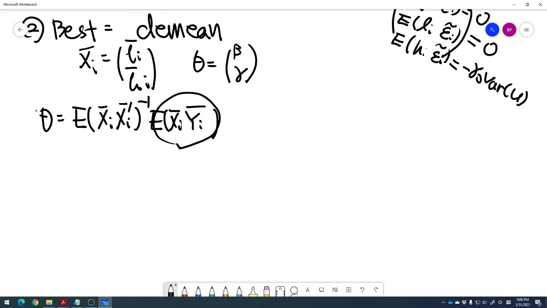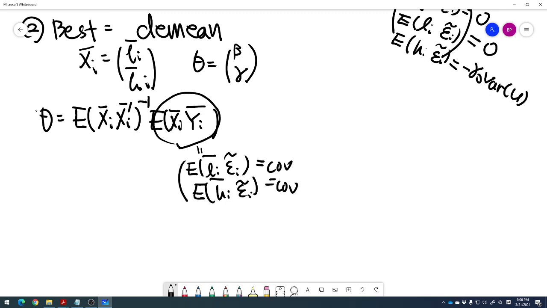In the end, it will be L bar epsilon tilde and H bar epsilon tilde. Anyhow, they are covariances, so you can calculate them, and it is 0, and it is minus gamma variance of u. So you know them. This part is easy.